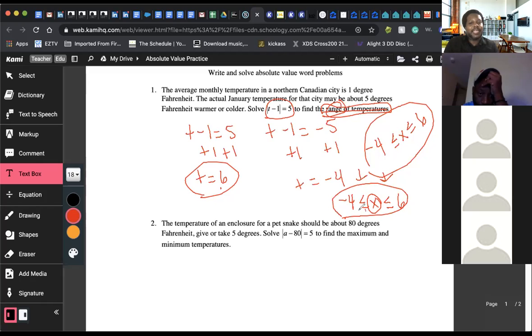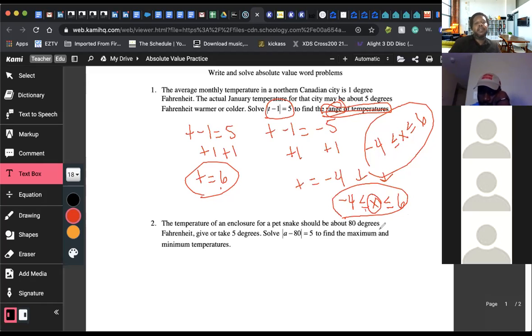So it can't be anything less than -4, and it can't be anything greater than 6. The only reason I'm using these symbols is to indicate that X can't be anything lower than -4. I'm not going anywhere lower than -4.